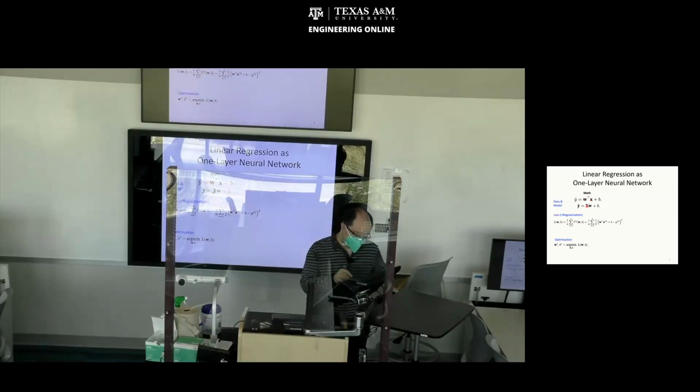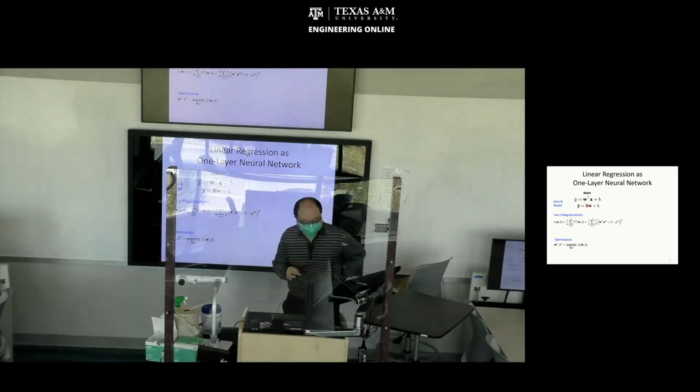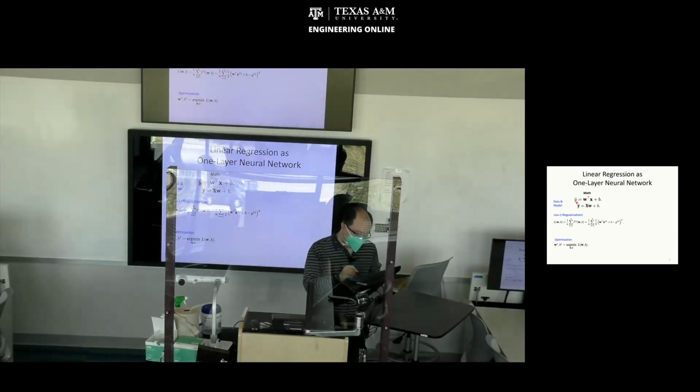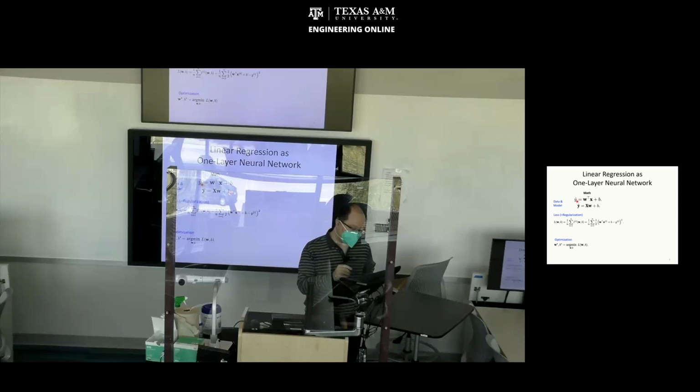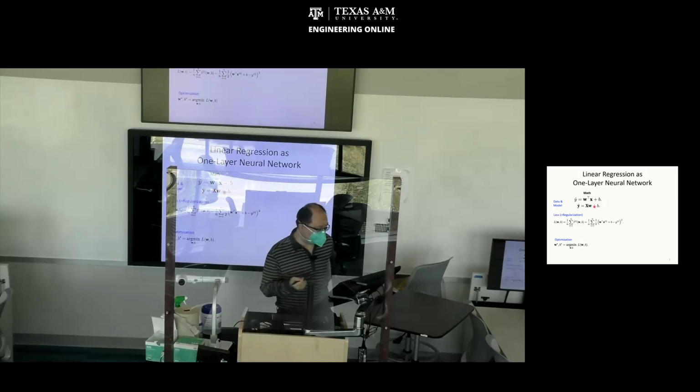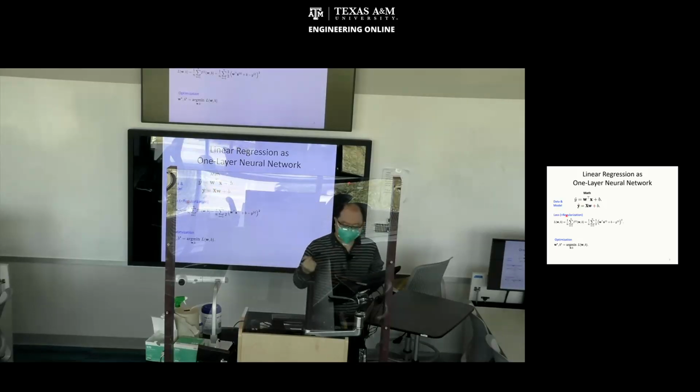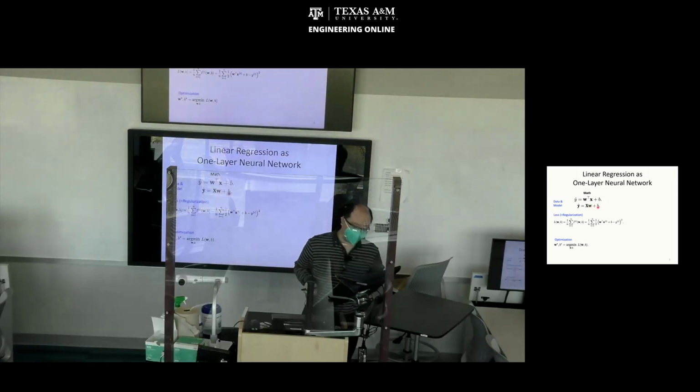When we have the bold-faced uppercases, we indicate a matrix, okay? So you can put a subscript i here to indicate that this is the ith example. But if you consider all the data, all the pairs of xi's and yi's, we lump everything into linear algebra, and we have this y vector of all the observed labels equal to capital X, W plus B. And the decision variables are W and B, right?